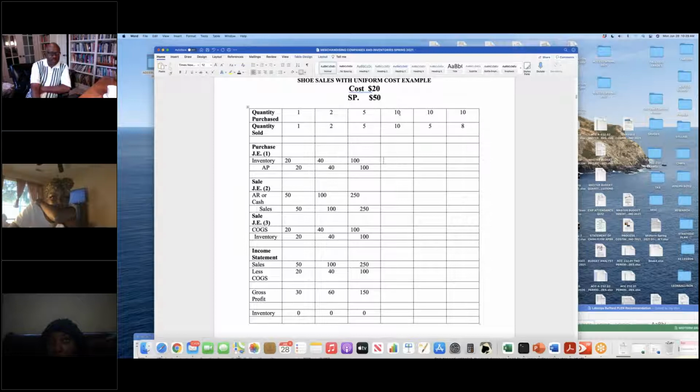So if we buy 10 pairs of shoes, what's it going to look like? 200, 200. So how much are we going to pay for the 10 pairs of shoes? 200.